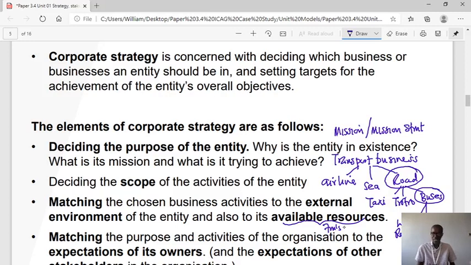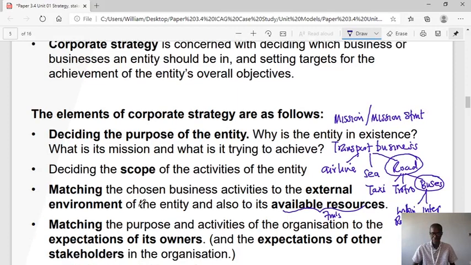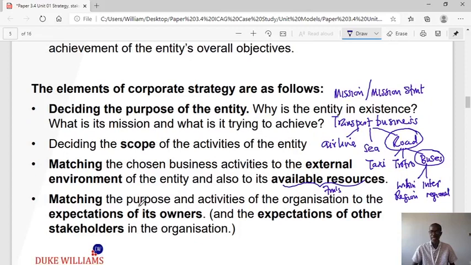But also match it with the external environment. See what the opportunities and threats are. And we will explore different frameworks like PESTLE analysis, Porter's 5 Forces, and Porter's Diamond, that are helping us to match the business activities to the external environment and the available resources.